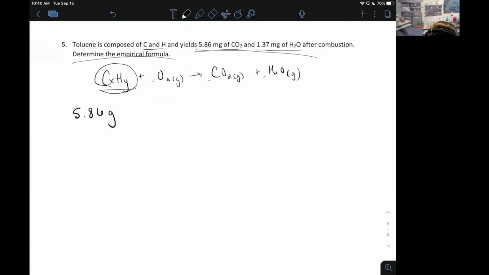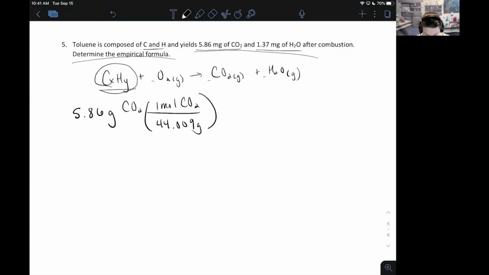But here we go. So we've got 5.86 grams of carbon dioxide, and 1 mole of carbon dioxide has a molar mass of 44.009 grams.